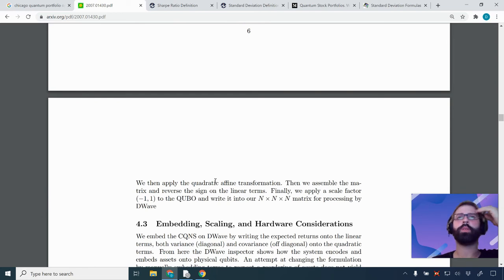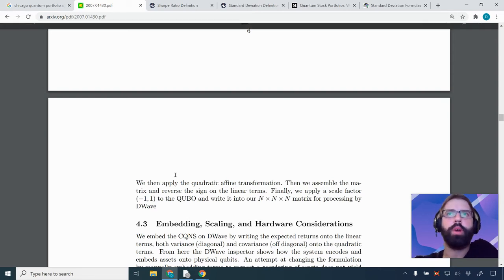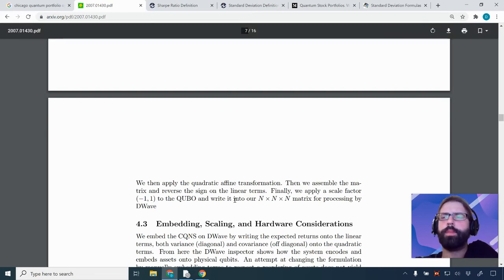We then apply the quadratic affine transformation. Then we assemble the matrix and reverse the sign on the linear terms. Finally, we apply a scale factor and write it into our n by n matrix for processing by D-Wave.